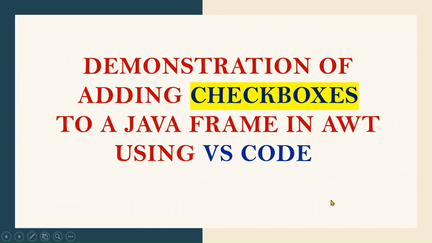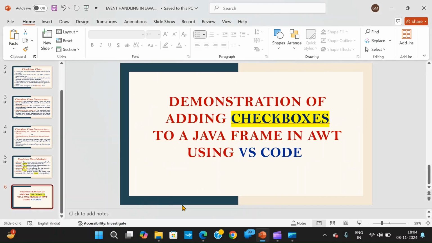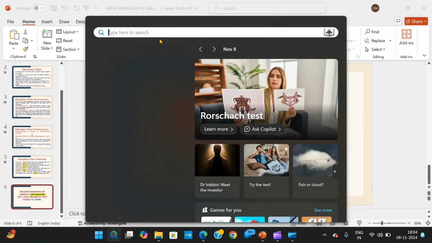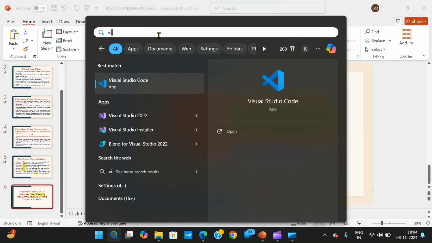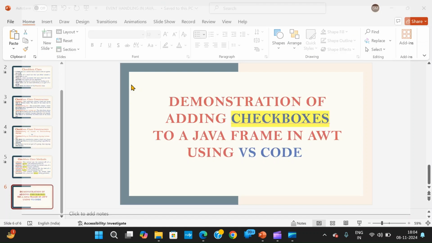Now I will show you the demonstration of adding checkboxes to a Java frame in AWT using the VS Code environment, that is the Visual Studio Code environment. For this, you need to open Visual Studio Code. You can type Visual Studio Code in your search bar. You need to have this software in your system beforehand.